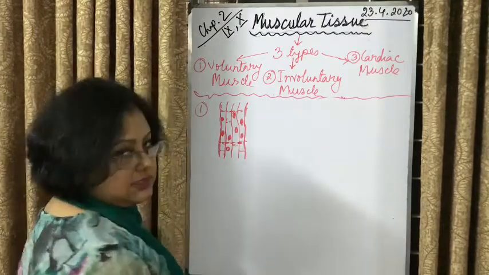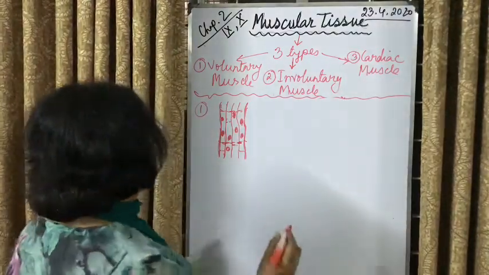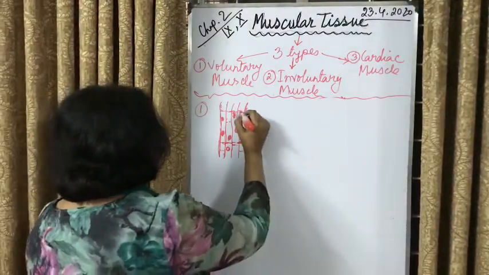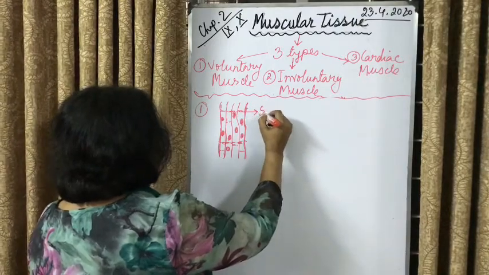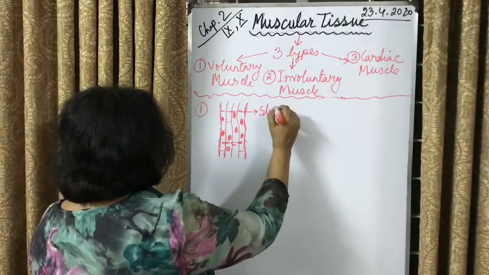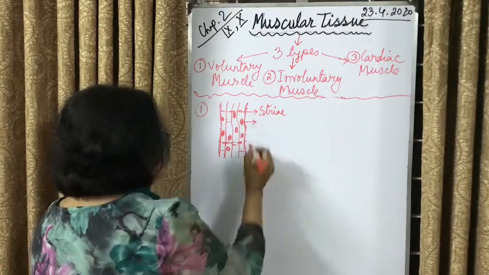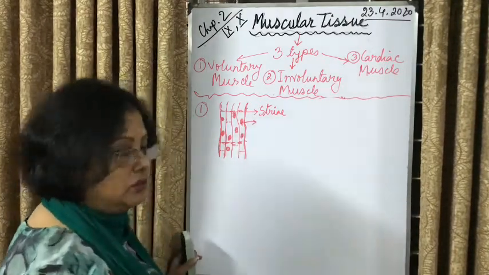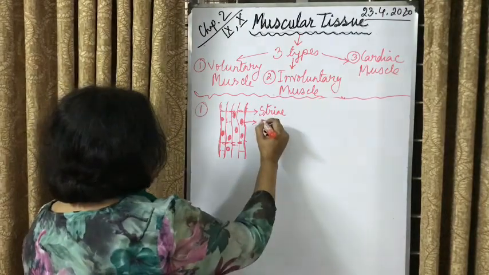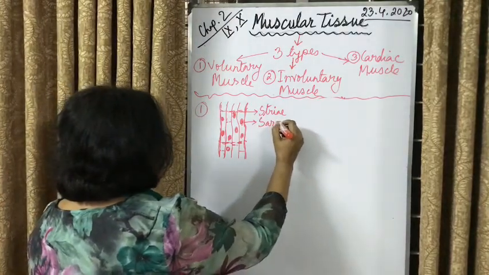Okay, so let's label it, then you can understand which one is what. What is this? Stria. And the extensible membrane to hold them closely together is called sarcolemma.